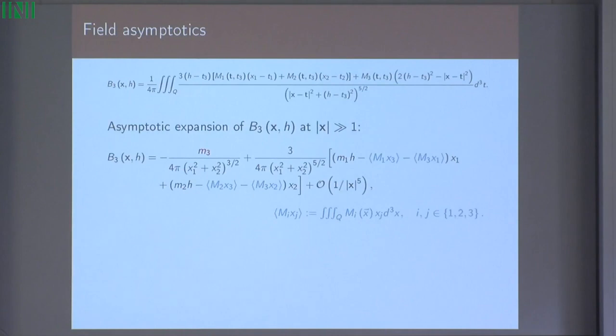What to do with the last one, with M3? Well, here it's time to look at the asymptotics of this relation, the original relation. If we consider the absolute value of x large, what we see actually is that M3 is the dominant term of this integral at infinity.